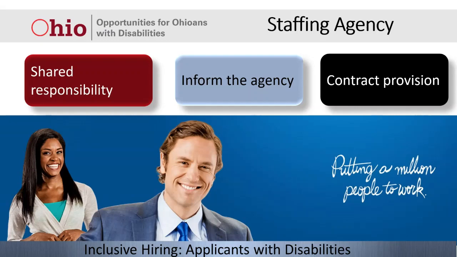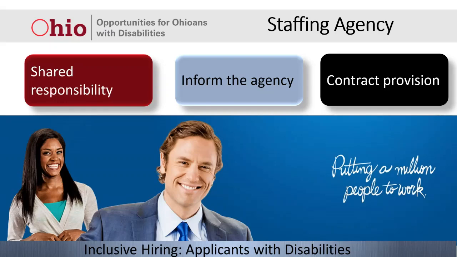Because of that, it's a best practice to inform or remind the staffing agency of this mutual obligation to comply with the ADA's requirements. And it's a good idea to talk with your legal team and make sure to include a provision in the contract that states the staffing agency will conduct its activities in compliance with the ADA and other non-discrimination legal requirements.